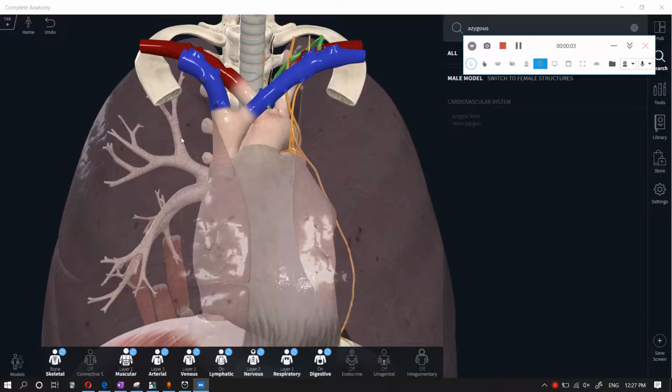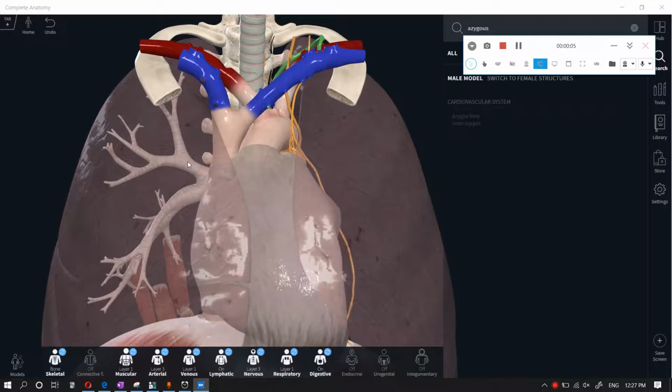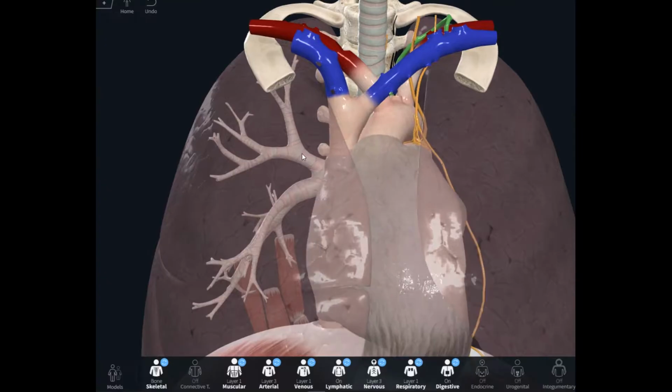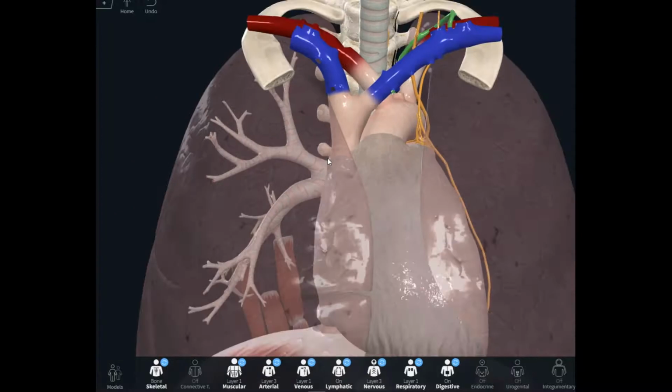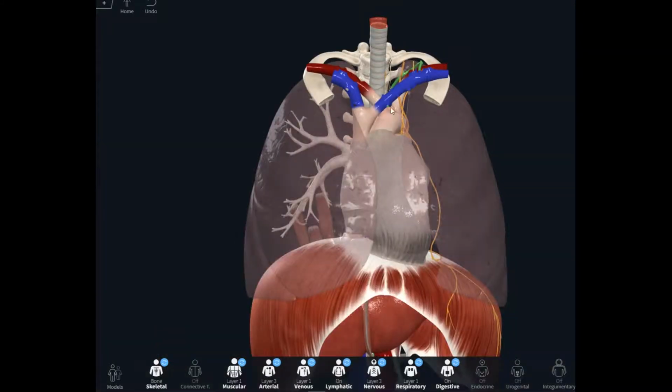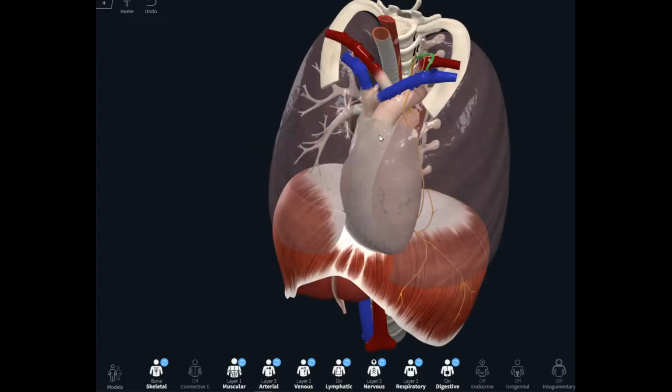As you can see here, the first thing that we need to consider whenever we speak about the relations of the lungs is also the impressions that all of these relations make on the lungs. So impressions are mostly built upon the relations of the anterior or the apex region of the lung.